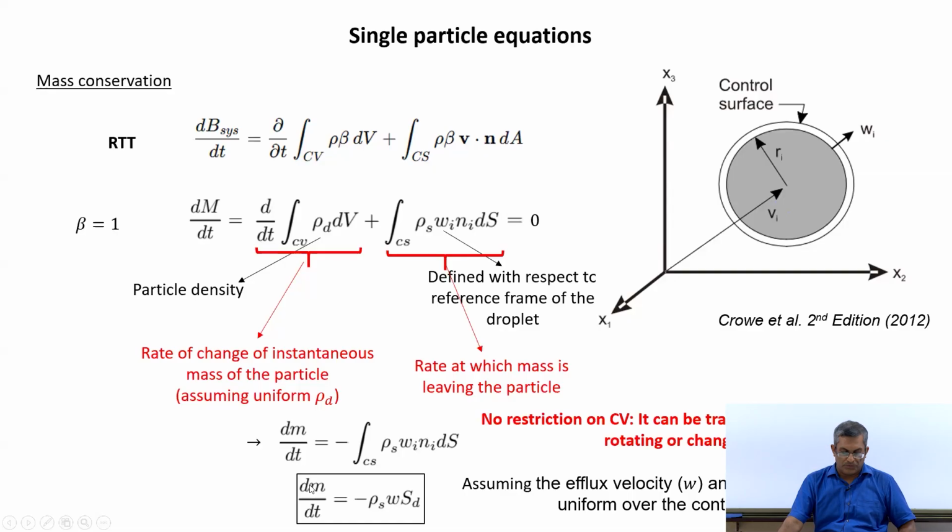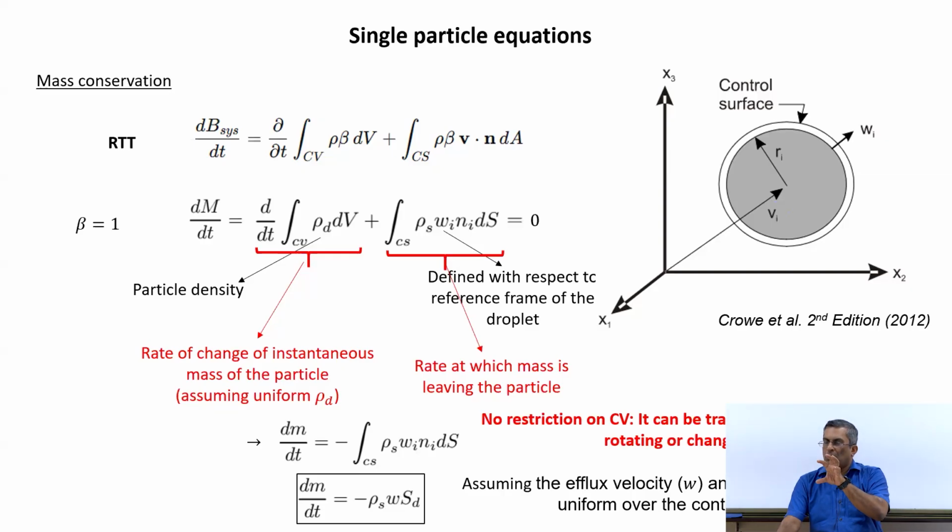So, the rate of change of mass of the particle is equal to the rate of efflux of the vapor from the surface of the particle. Okay, so we get this equation. Here it is important to note that unlike the case of fluid flows, in this case the control volume is not fixed.